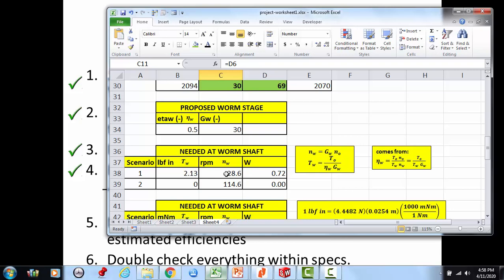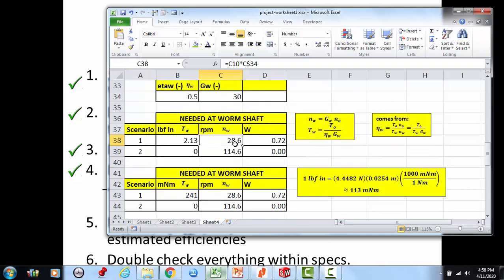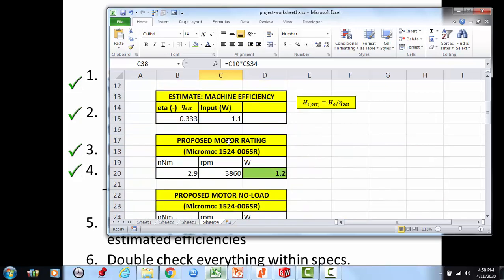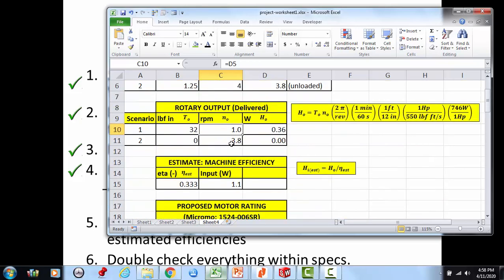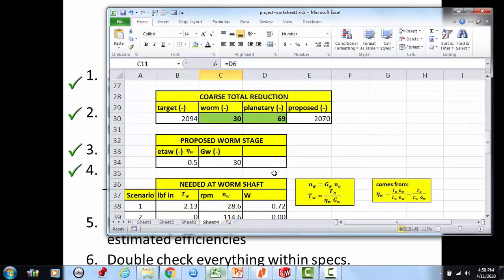We're going to start walking those back, and the speed of the worm, this is the actual worm shaft. What we need at the worm shaft, speed-wise, is going to be the gear ratio, which is 30. It's a single start worm with 30 teeth on the worm gear. So we're going to be looking at the gear ratio times the output speed. So the loaded output speed was 1 RPM and the unloaded was 3.8.